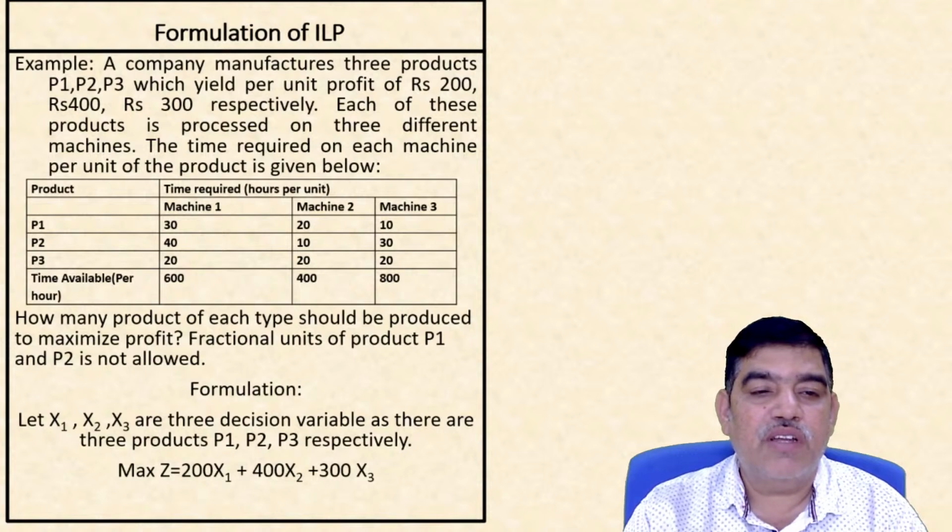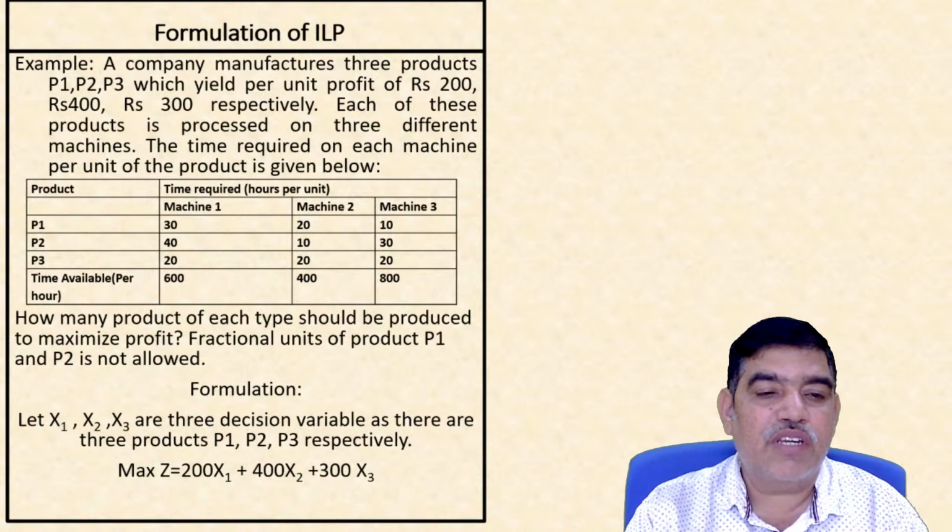The time required to manufacture the product per unit in machine 1 for product 1 is 30. In machine 1 for product 2, that is 40. In machine 1 for product 3, that is 20. Similarly, in machine 2 for product 1, that is 20.